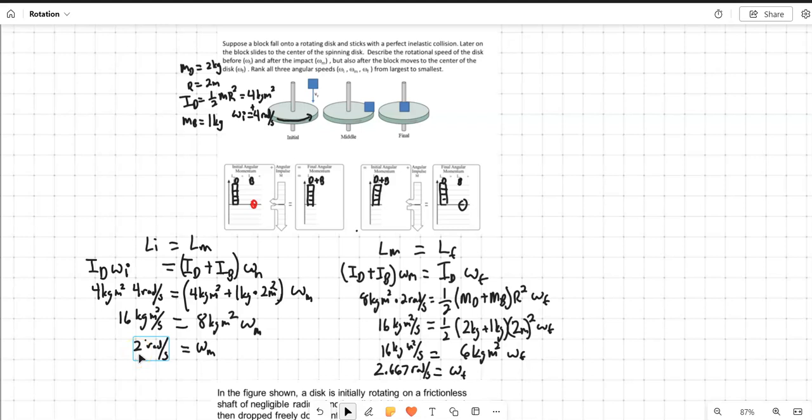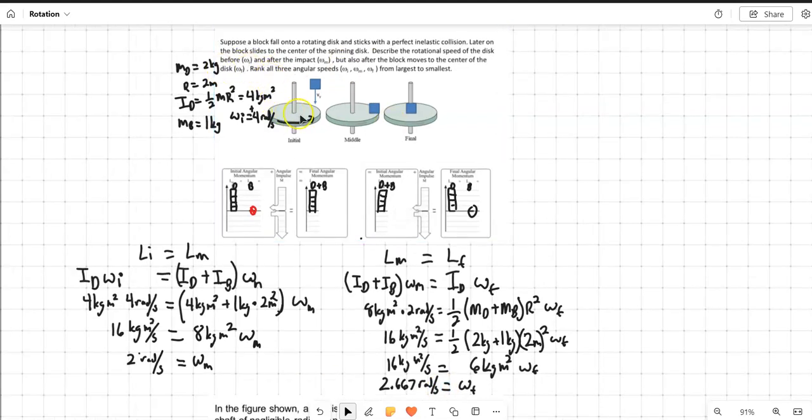But since the block has added its mass to this total object's mass, the disk and the block, when the block moves to the center, its angular momentum disappears, but since its mass is still there, it's contributing to that mass of that disk, and now it's not able to get back up to its original speed. It's going to be faster than this speed here, but it's not going to be quite as fast as its original speed. So that's this problem from beginning to end.